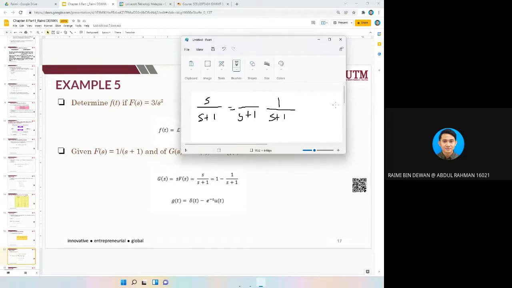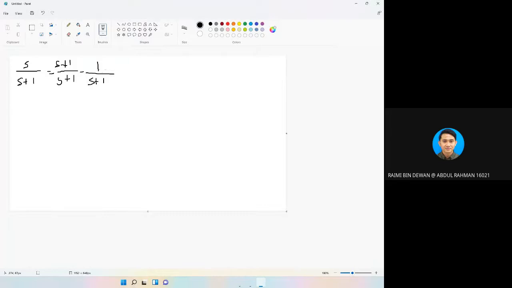Here is s plus 1 and s plus 1. Then you have another s plus 1 here. So minus. If you want to split this, this is 1. If you want to further expand, is s. I think I did it wrongly.